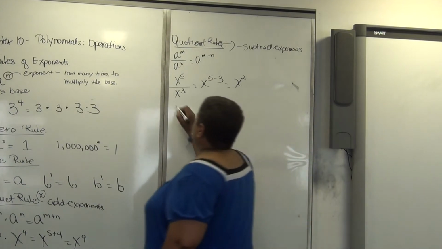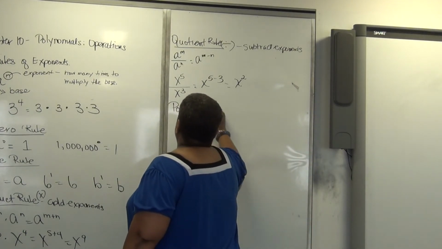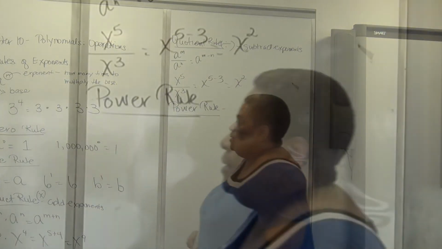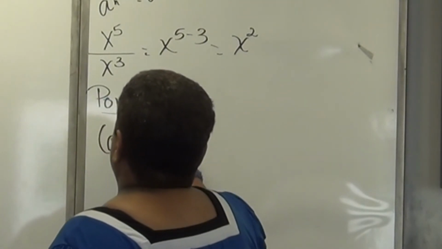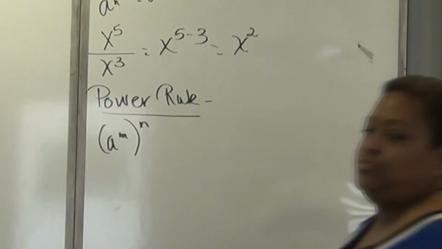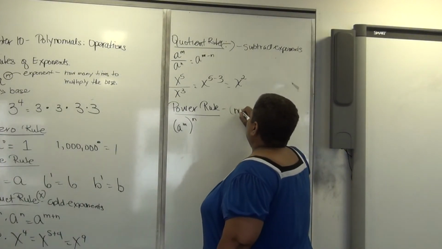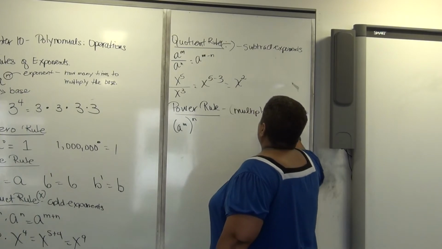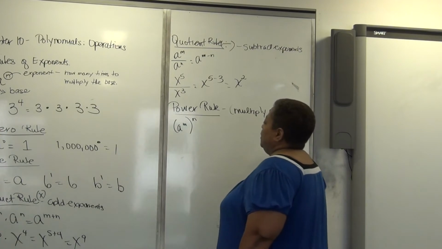Then we have the power rule. Okay? That's when you raise a term to a power. In this case, we multiply exponents. Okay?